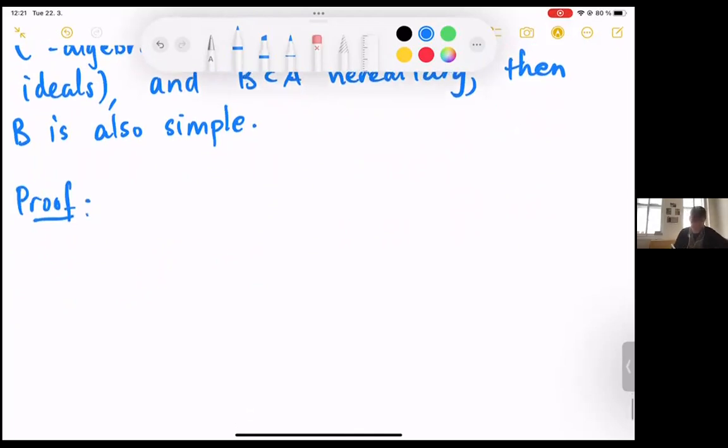Okay, so first, let's just assume we have an arbitrary subalgebra, a C star algebra, not necessarily simple. The point is that ideals in the subalgebra will be generated by ideals in the algebra A. And these will be all of the ideals that we get.